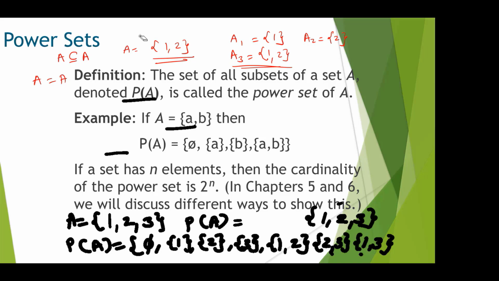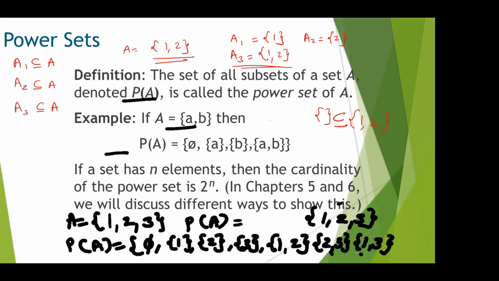Then if you pick a lesser number of elements from that set, so if I make a set A1 having just 1, A2 having just 2, then all these will be possible subsets of A. So I can say A1 is a subset of A, A2 is a subset of A, A3 is a subset of A. Another possible subset is, when we saw null sets, we saw that since null is nothing, if you pick any set, let it have any elements, the null set will always be a subset of any set, right?